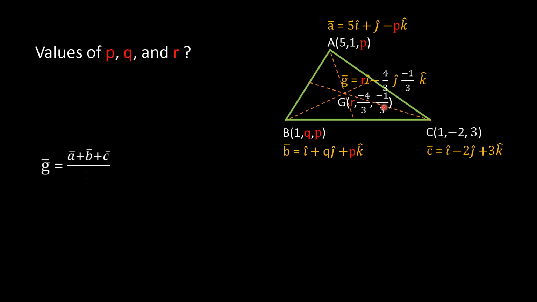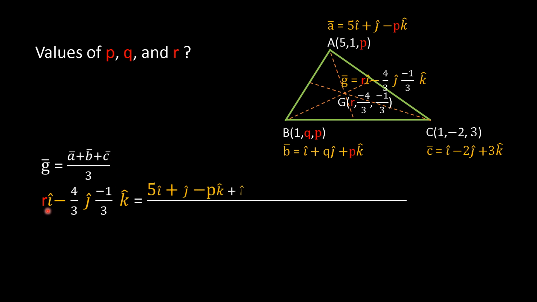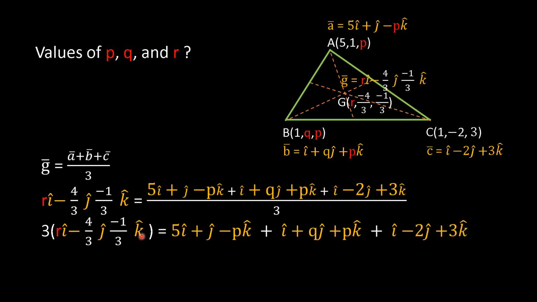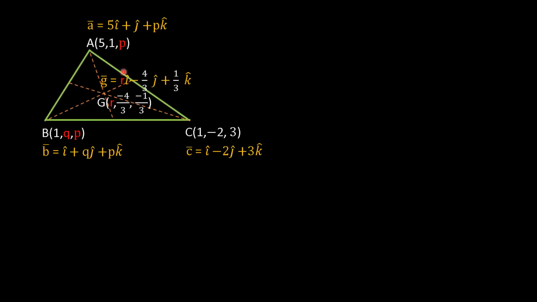Now we have the centroid formula G bar equals (A bar plus B bar plus C bar) upon 3. We will put the vectors G bar, A bar, B bar and C bar. We will cross multiply this and write 3 times G bar equals A bar plus B bar plus C bar. We have given this figure for reference.